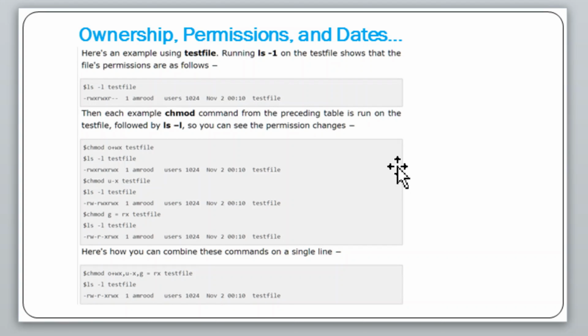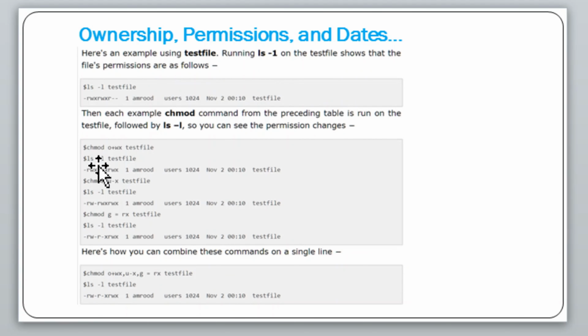So an example of how to use that, we have test file. Running ls -l on test file shows that the file's permissions are as follows. You can see there it's read, write, execute, and then read. Using the chmod command, we can use various different ways to change the permissions on it.